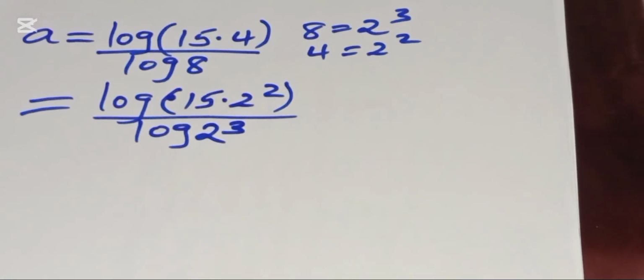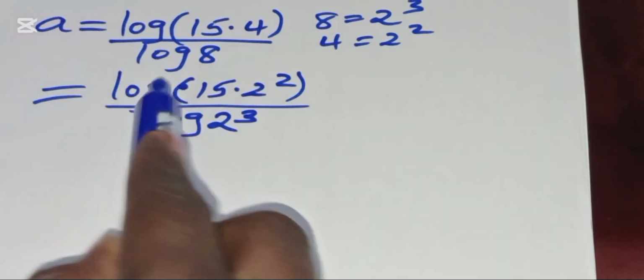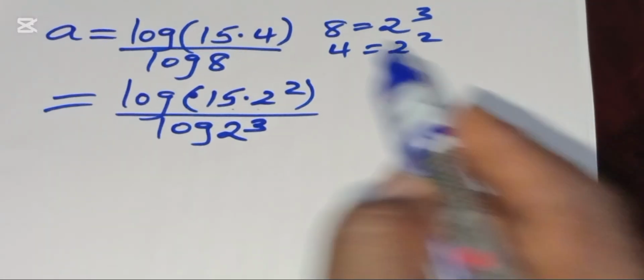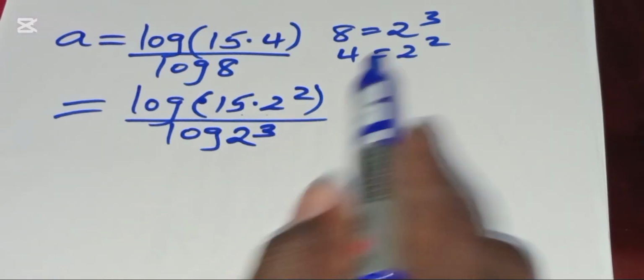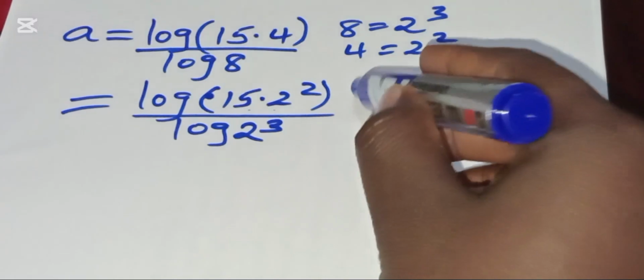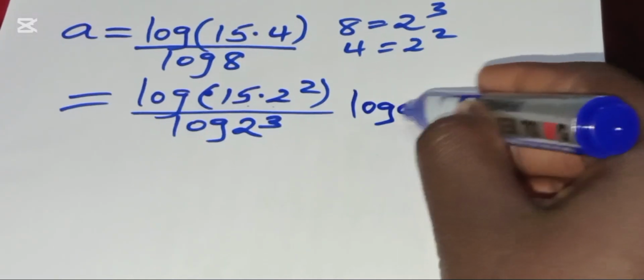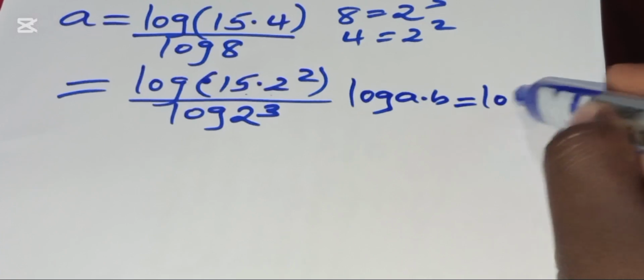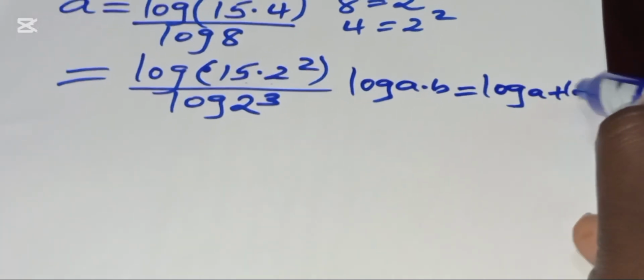Now a is equal to log of 15 multiplied by 2 raised to power 2, over log 2 raised to power 3. Log of a multiplied by b can be written as log a plus log b.